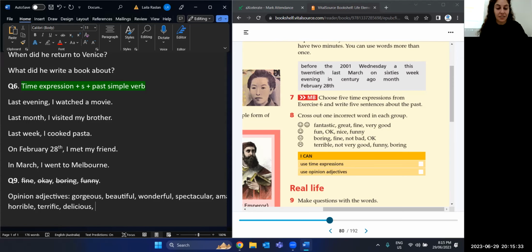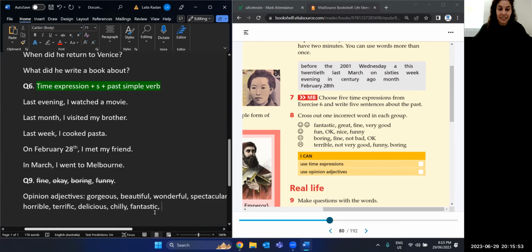Chilly? Yeah. If it's about the weather, chilly. How's the weather? Chilly. Any more? Andes, can you think of any more words? Fantastic. Yes. Lovely. Yeah. Excellent. Yes.